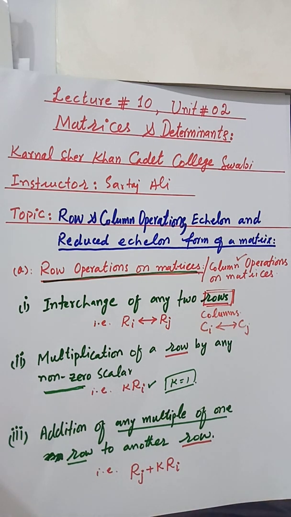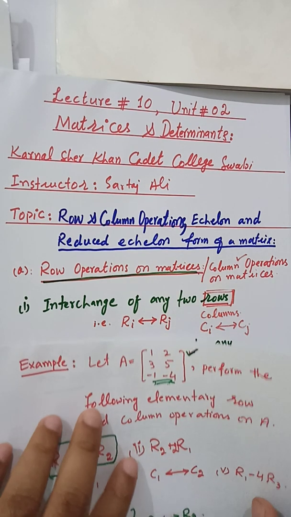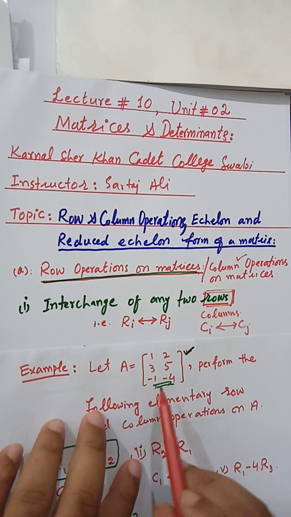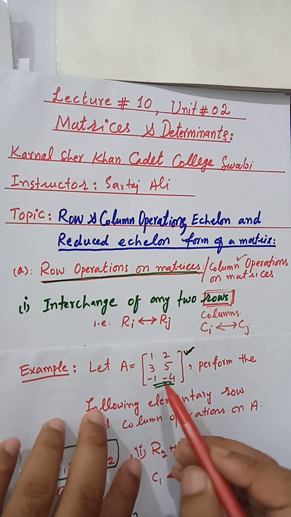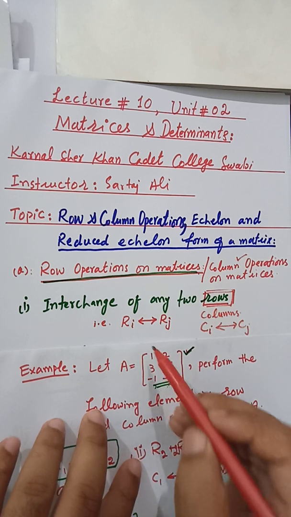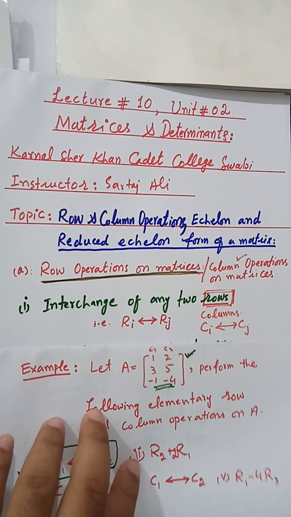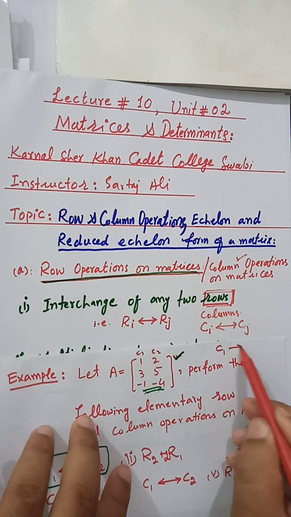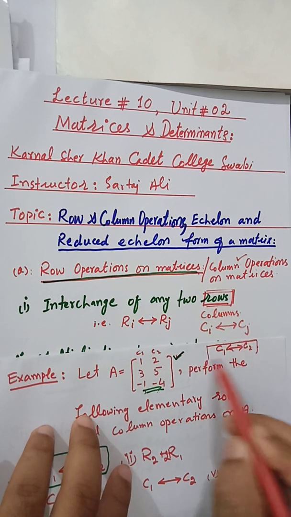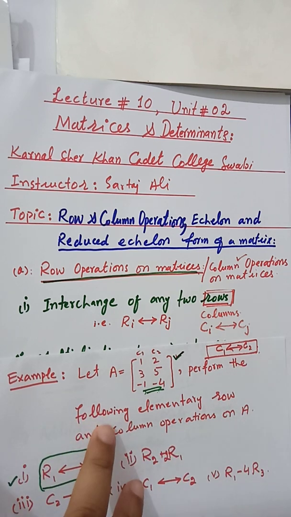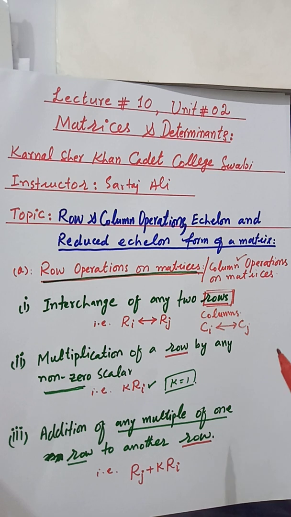For example, this is a matrix, so there are two columns, this is column number 1, this is column number 2, so you can interchange column 1 and column 2, and the representation for this will be Ci double-headed arrow Cj. Here it means that you are interchanging C1 and C2. So in elementary column operations, you can interchange any two columns.